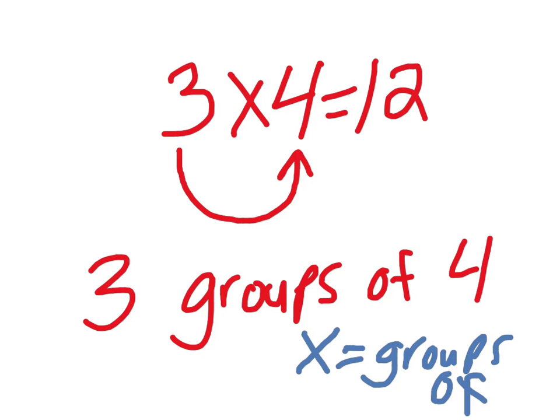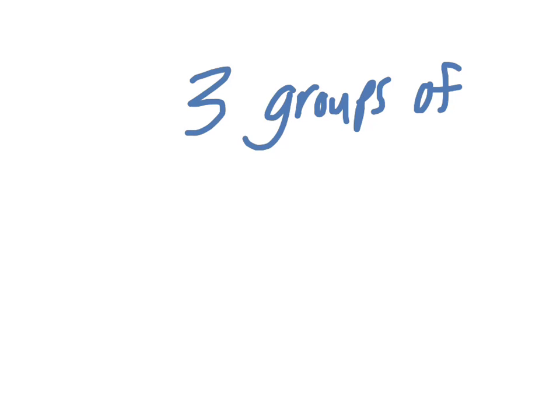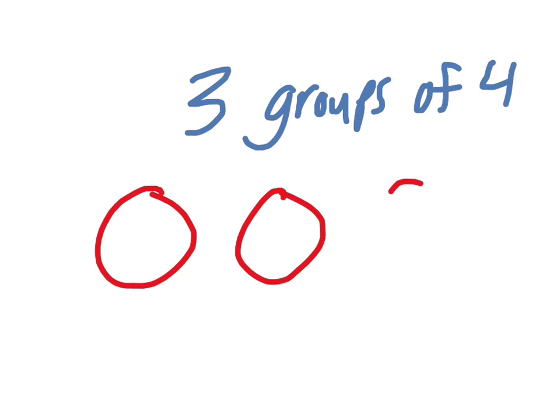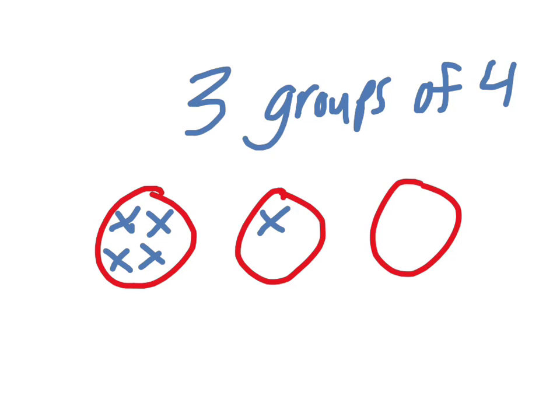So here we are looking at 3 groups of 4. So basically I have 1, 2, 3 circles, and inside each circle I have 4 things.